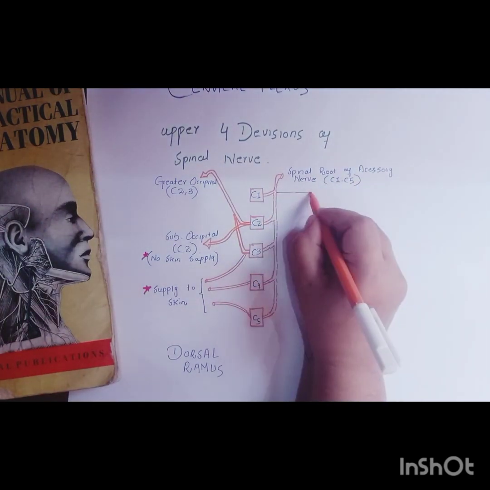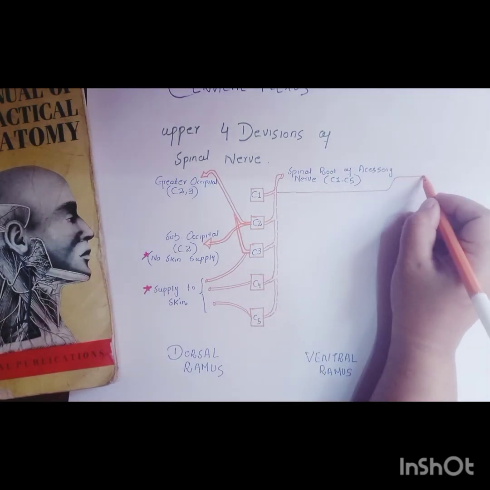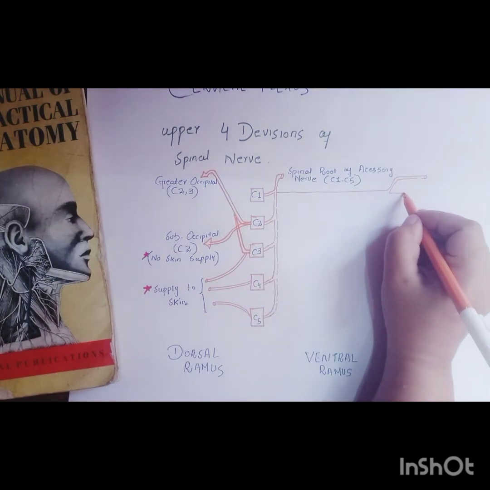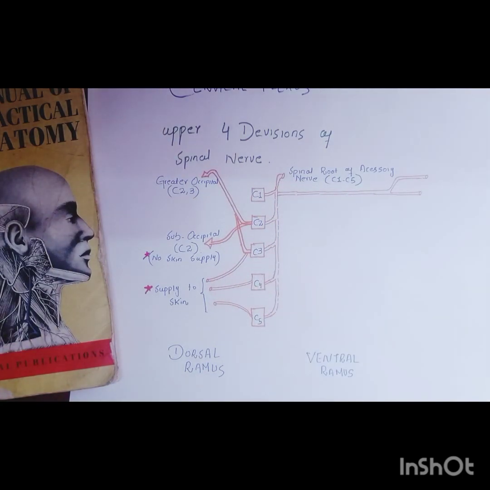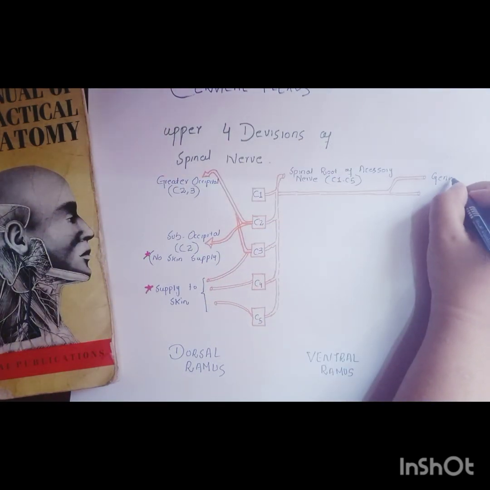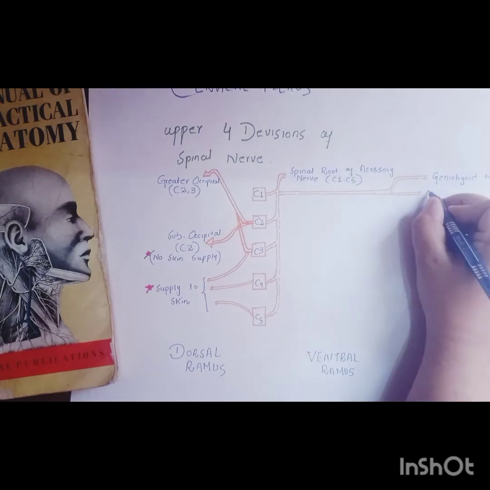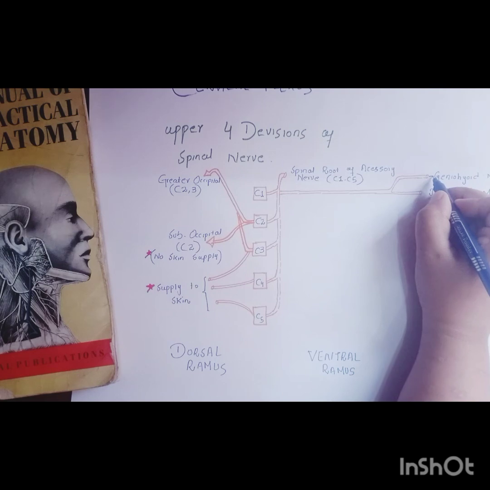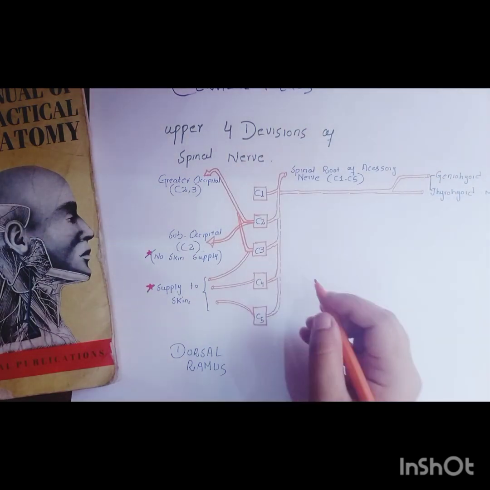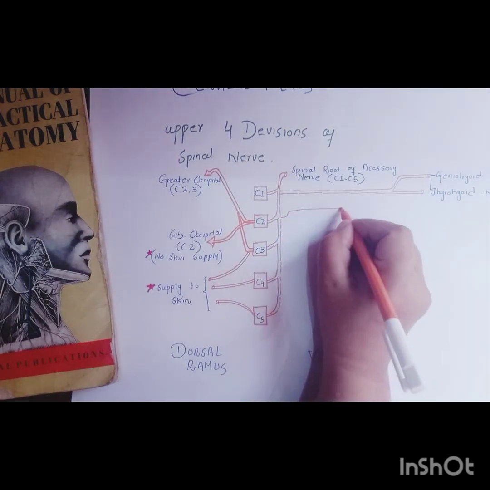Now, the second one arises from C1, cervical vertebra 1, and it has two parts. The upper part of C1 supplies the geniohyoid and the thyrohyoid muscle. Both muscles are supplied by the upper part of the C1 nerve.